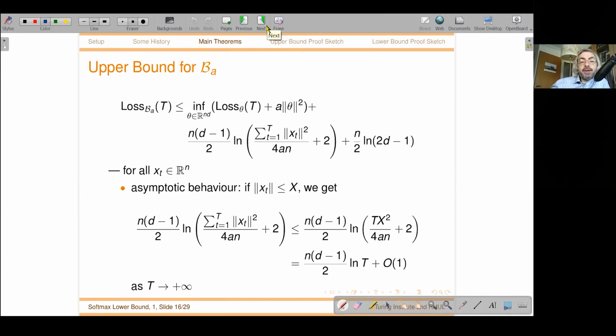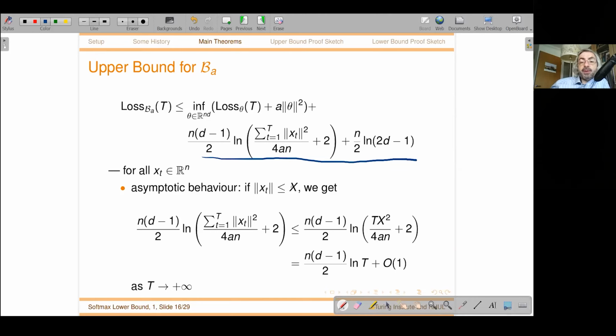And so now the upper bound. The loss of this algorithm can be upper bounded by the loss of any competitor plus this extra term, this regret term. There is some part of it which does not depend on time, and what depends on time can be bounded as follows.